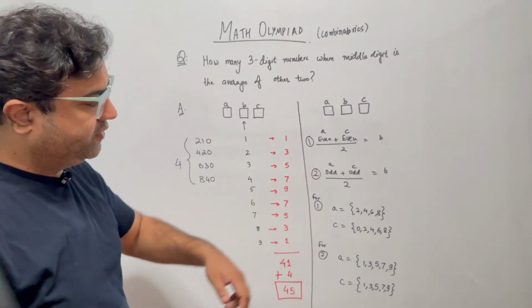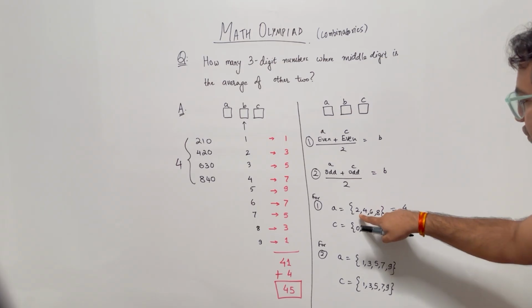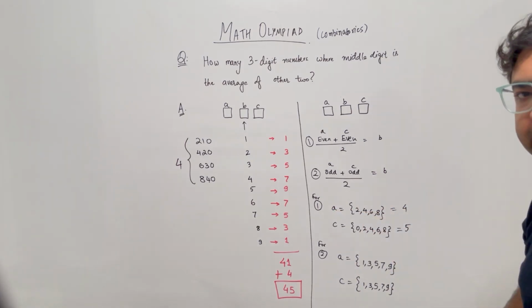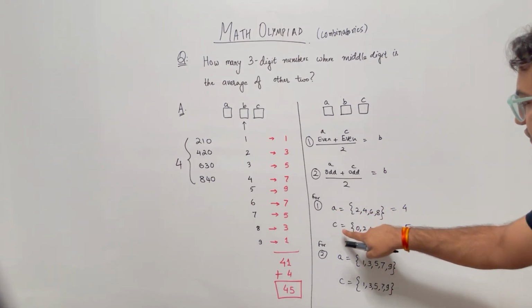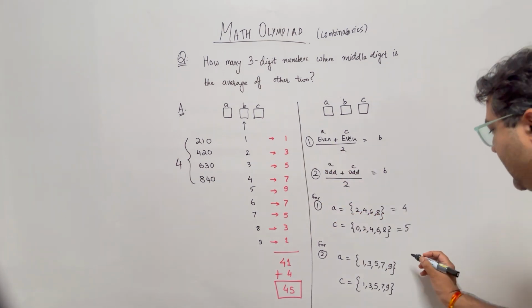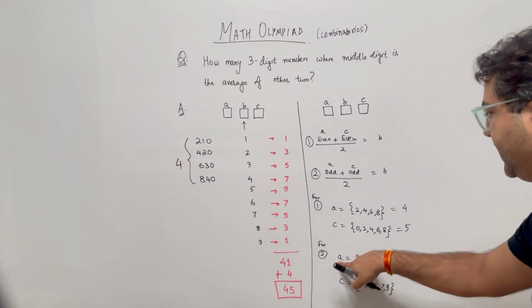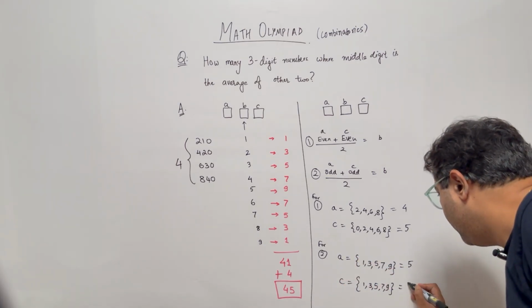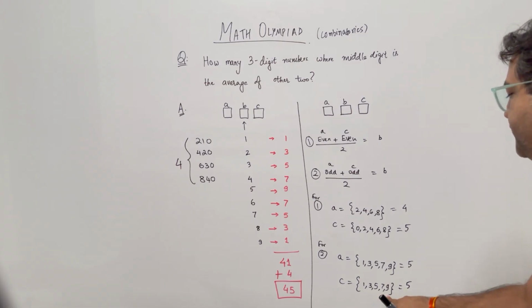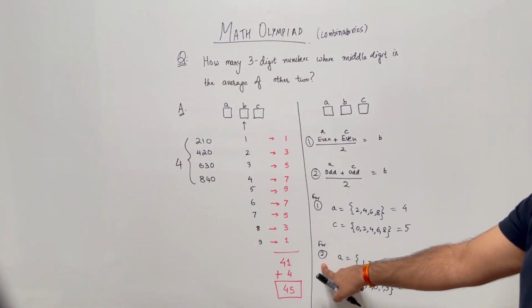So for the first case we have 4 values from which A can be chosen and 5 values from which C can be chosen. And for the second case we have 5 values from which A can be chosen and 5 values from which C can be chosen.